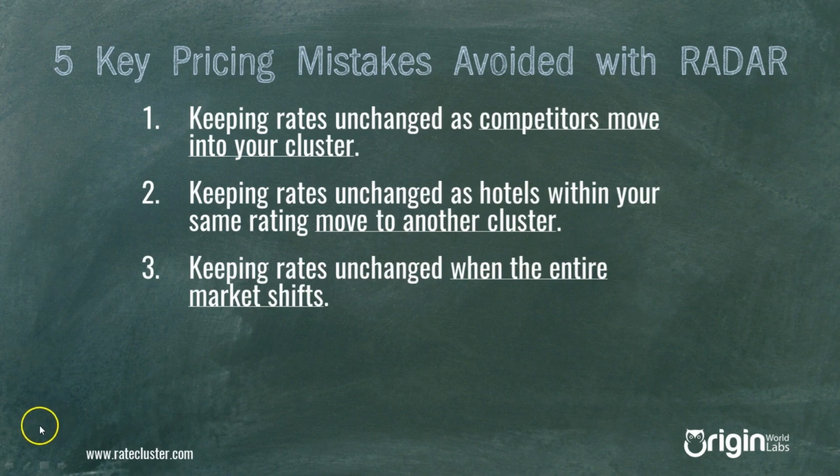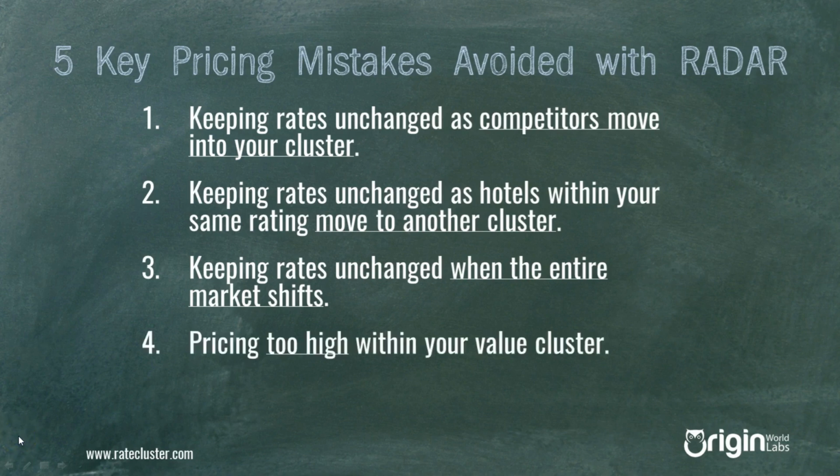The third is keeping your rates unchanged when the entire market shifts. As we saw with our sample hotel, it pays to be aware of market shifts up or down. The fourth pricing mistake you can avoid with Radar is pricing too high within your value cluster. You are probably limiting your chances of being booked if you are not somewhere in the sweet spot of your bucket.